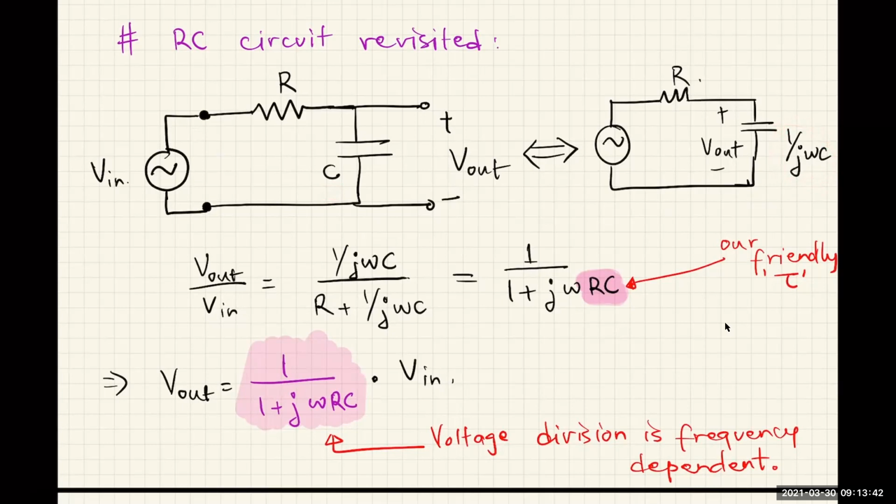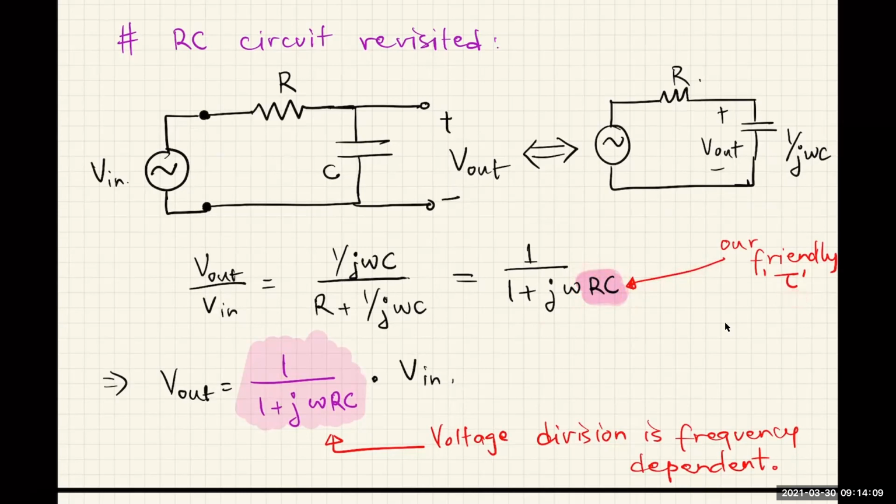Then in order to calculate the output voltage, that's the voltage across the capacitor, we simply need to do a voltage divider. If you do this, you'll find that the ratio of V out to V in is 1 over 1 plus j omega RC. Notice this product of RC that we've seen before. This is our friendly time constant tau.